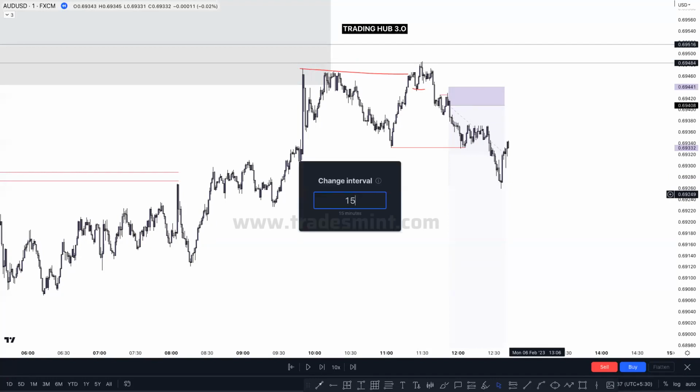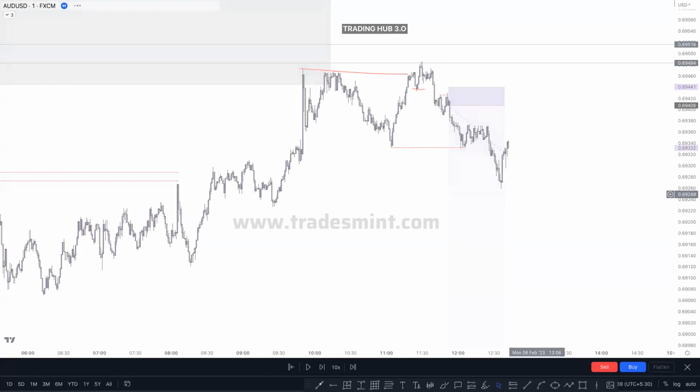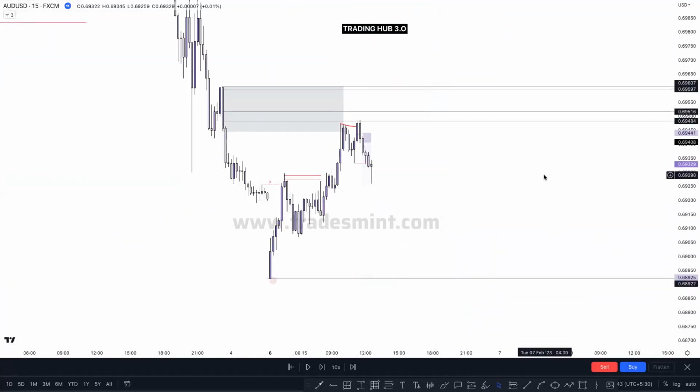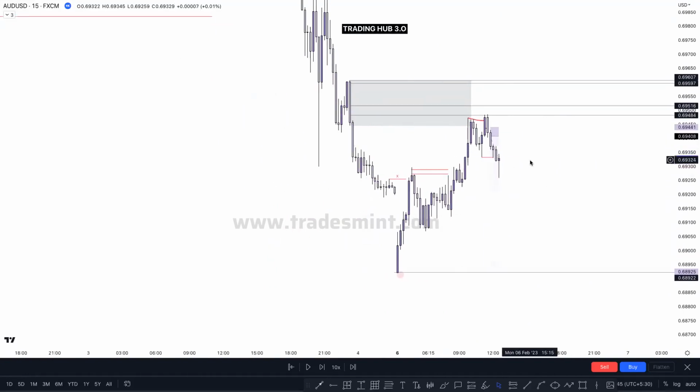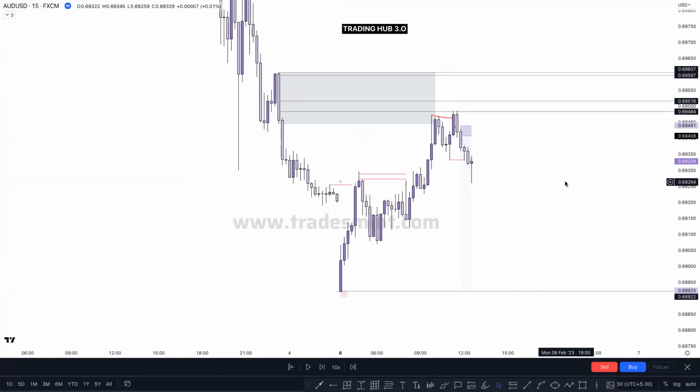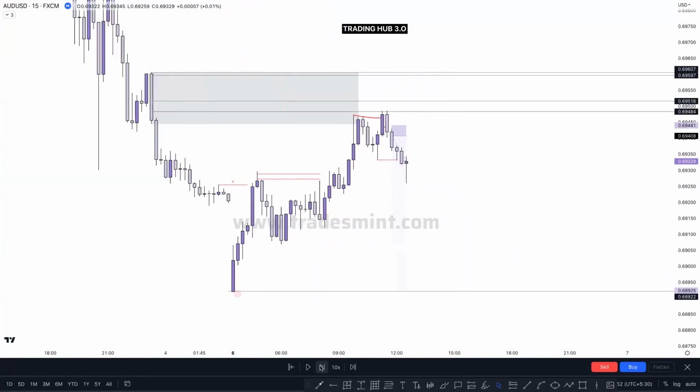And you can take entry based on a previous candle's high or low sweep, as I mentioned recently, right? So right now there is no candlestick sweep here, so you have to wait for confirmation. So let's see what is happening here.